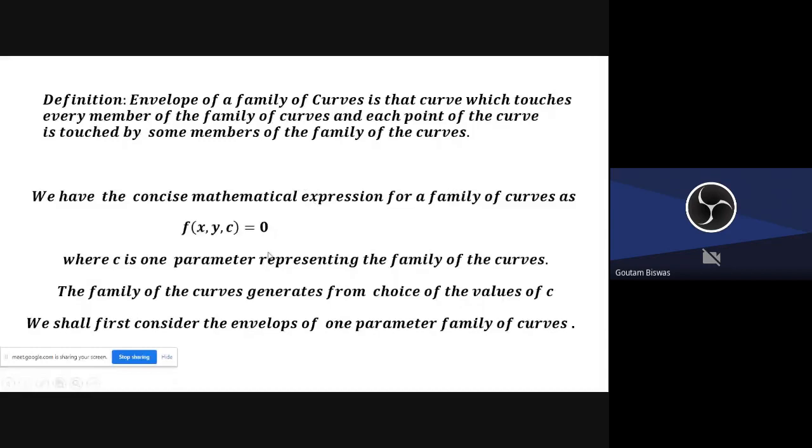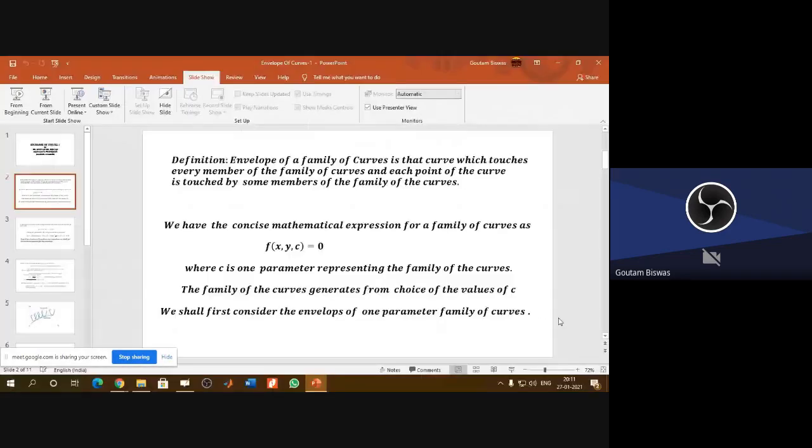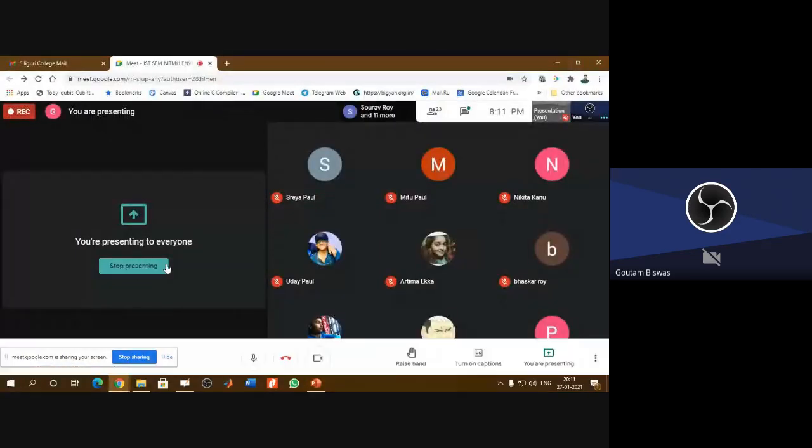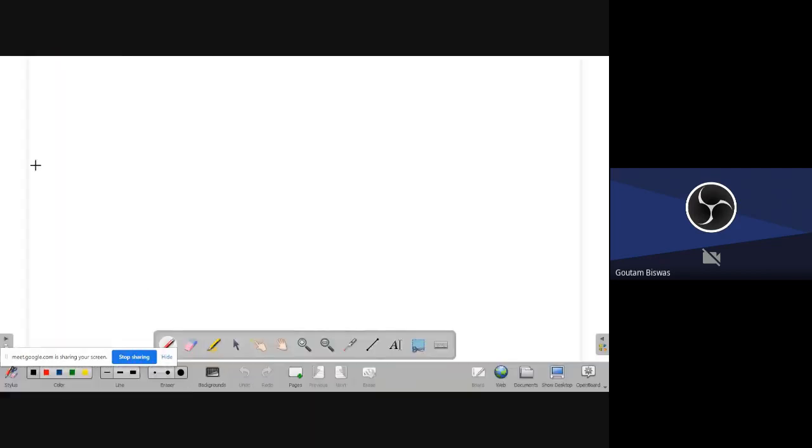Now you see that this represents a family of curves. Okay, how does that represent? Let me show you how that represents a family of curves. Now we know that y is equal to f(x) represents a curve, is it not?